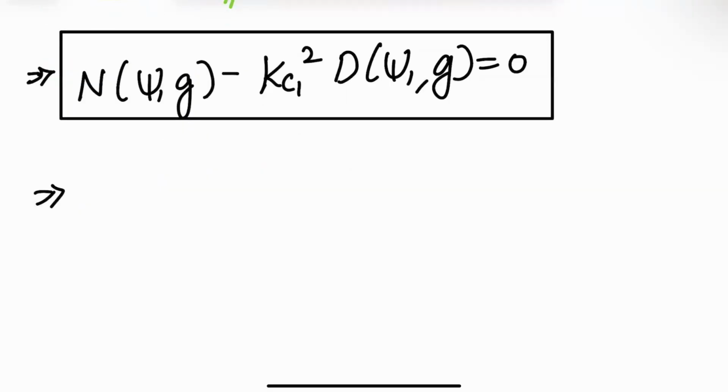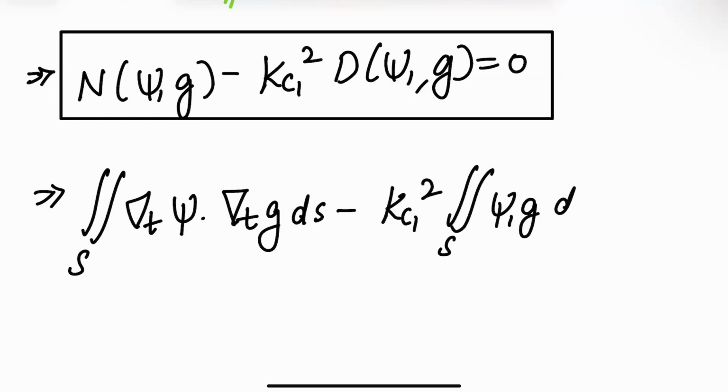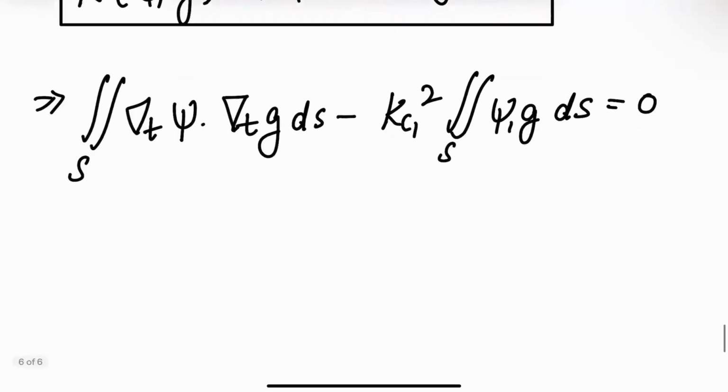So now we can expand n and d. The surface integral of del t psi dot del t g ds minus kc1 square times the surface integral of psi 1 g ds is equal to 0. And now I'll apply Green's first identity to psi 1 and g.